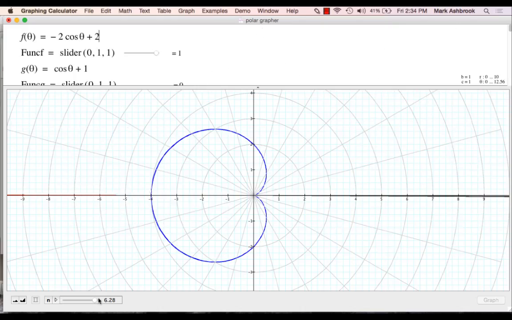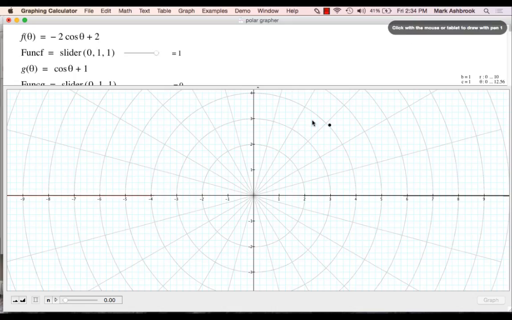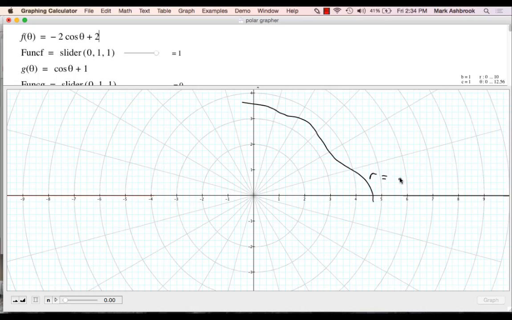So here's the idea with area. Here's the buildup. We have some function here, and r is some function of θ. We have a starting angle, θ1, and some ending angle, θ2.